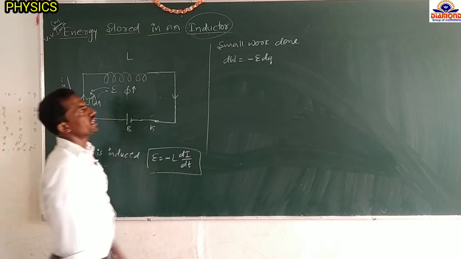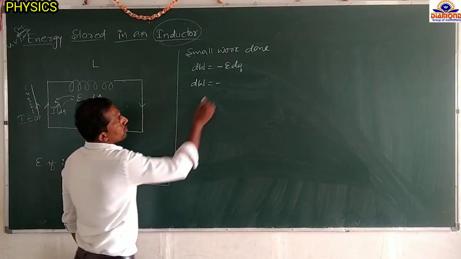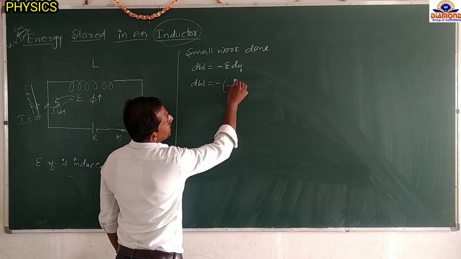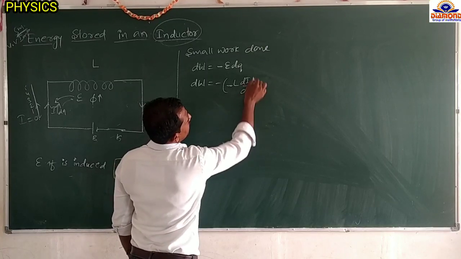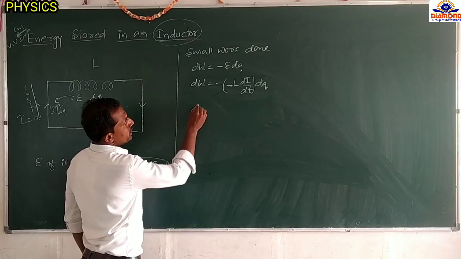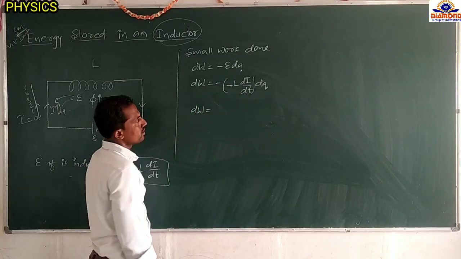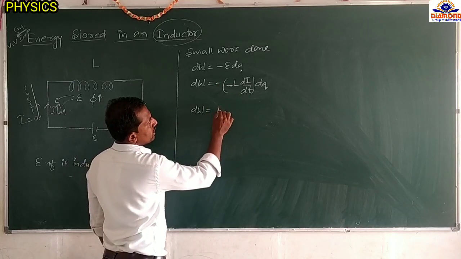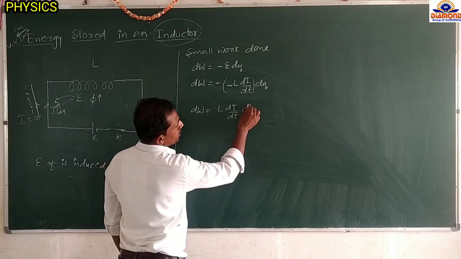Then we write equals minus E value, minus L di by dt, into dq.